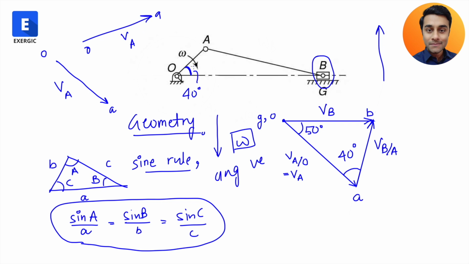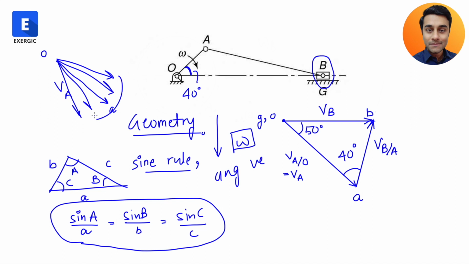Look at the shape of the link given and think that this should go like this or like this, and try to draw it as accurately as possible. You may draw it like this or like this, and all of them are going to get you the answer. But if you draw VA like this, where this is O, this is A and this is VA, and you say this is going to go like this, it will be very difficult for you to get the answer correctly.